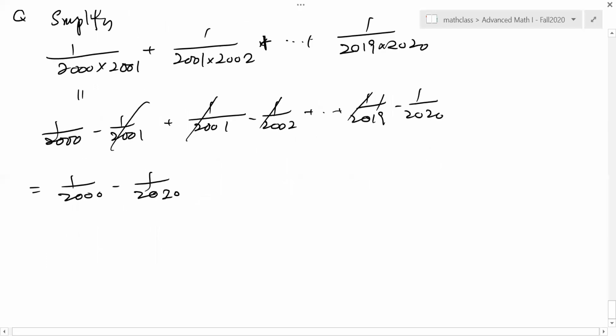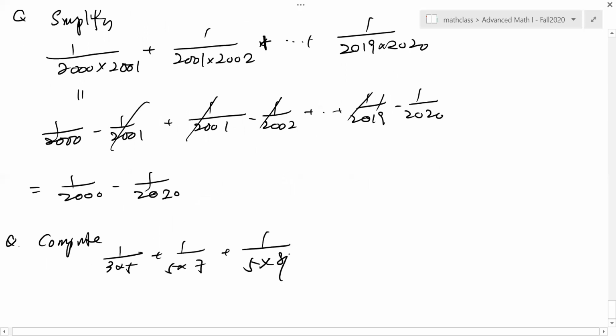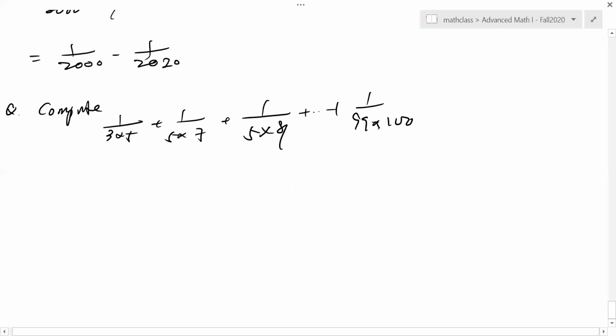All right, here's a trick. I'm going to ask you to compute, simplify 1 over 3 times 5, plus 1 over 5 times 7, plus 1 over 7 times 9, and so on. Can you do that?